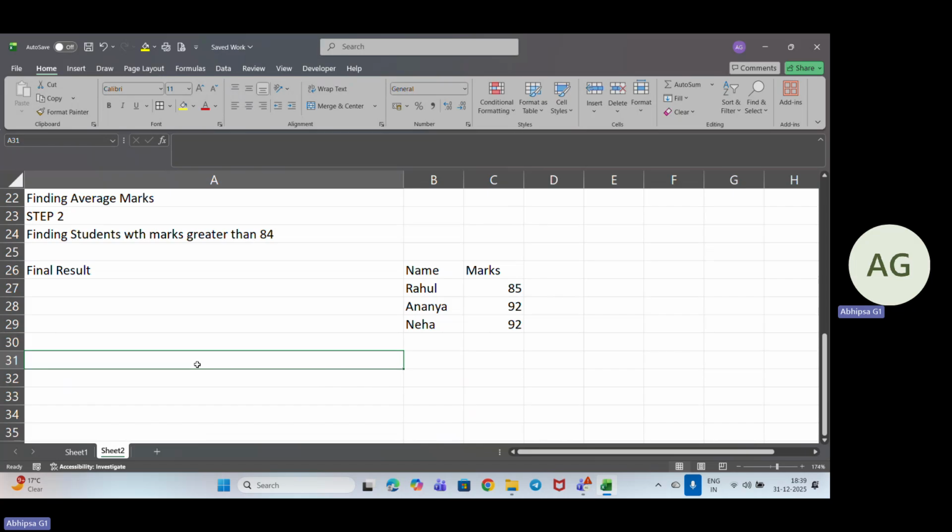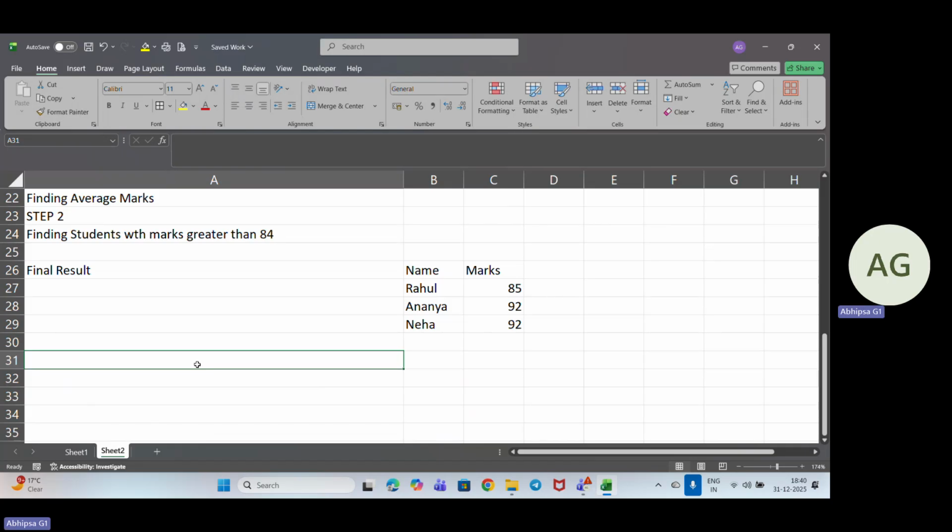For example, the max, the mean, the average, that is also a part of a subquery. If I want to find out the highest marks, I'll be getting only the highest marks. The lowest marks, if I need to find out the lowest marks, I'll get just a single number as a finding, right? And we can use it with the operators as well, like equal to, greater than, smaller than, greater than or equal to, that we can use accordingly.